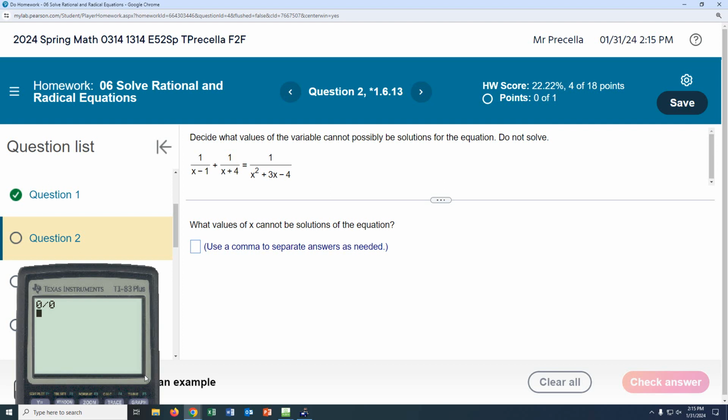Two of these are pretty easy to figure out. There's 3 fractions here. Which 2 are the easy ones? The first two. What makes this one difficult? That x squared.